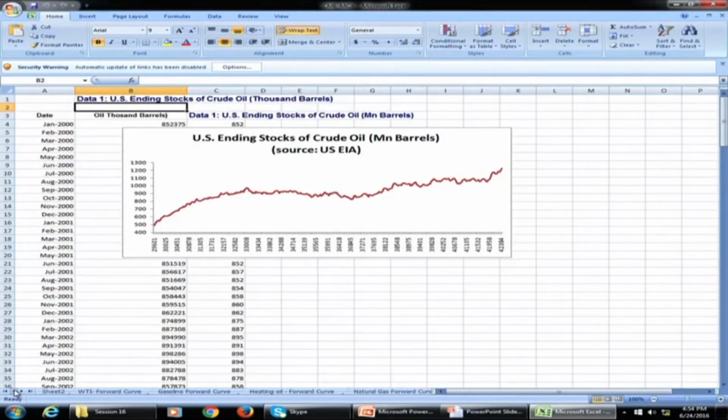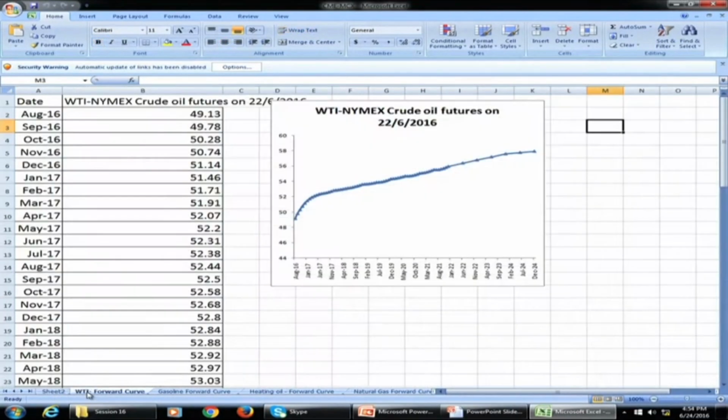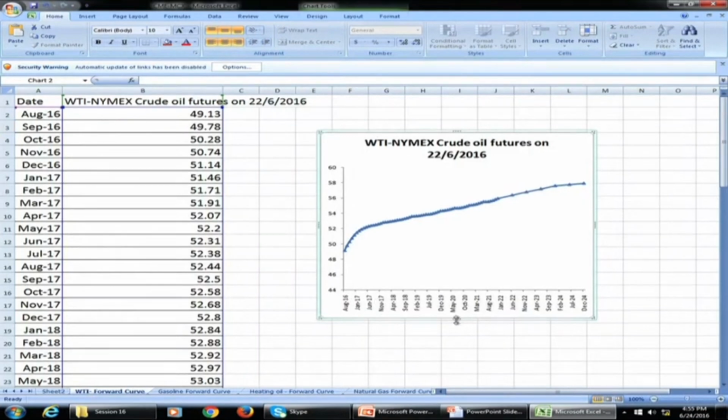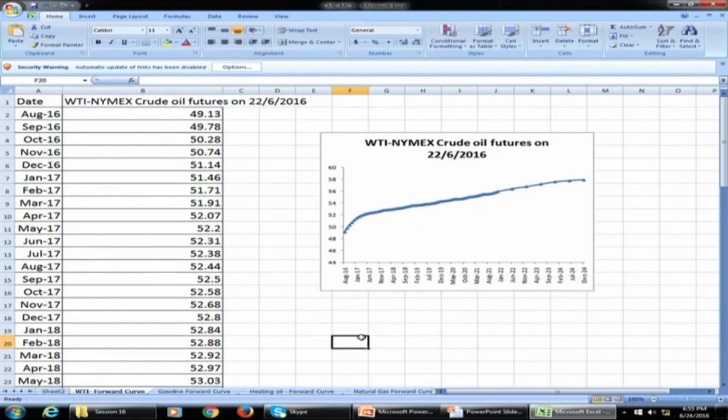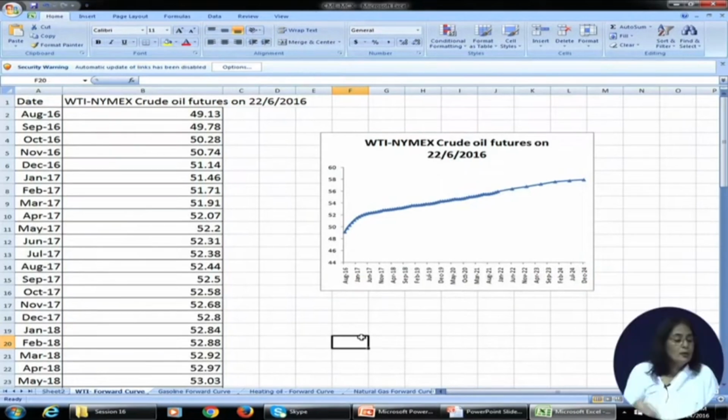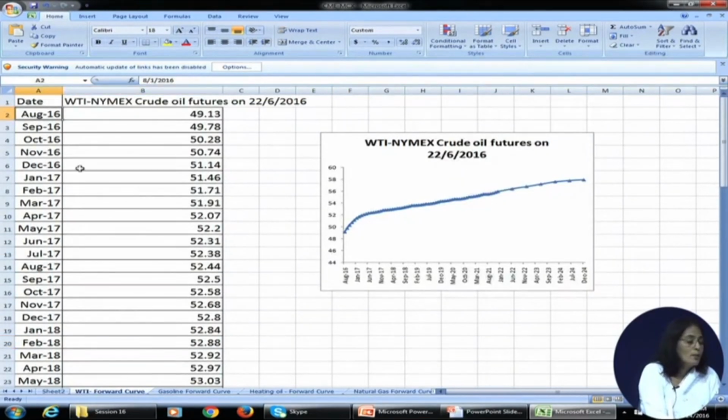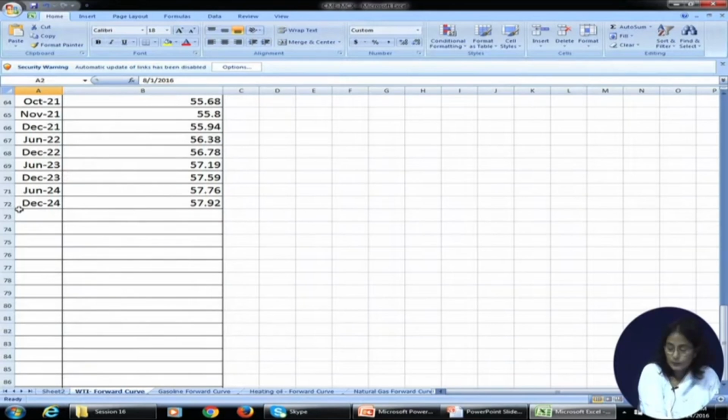Now let's go to some data which I have downloaded from Bloomberg. I thought of discussing this. If you can see, this is the WTI NYMEX crude oil futures contract, which traded on 22nd June 2016. This is the nearby contract, August 16, and as we discussed, it has gone up to December 2014.